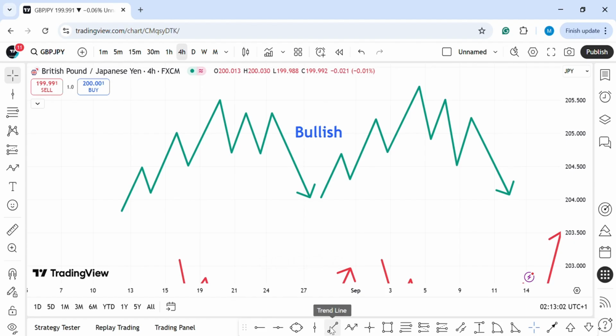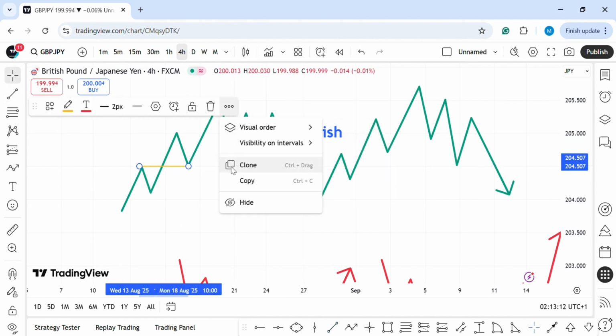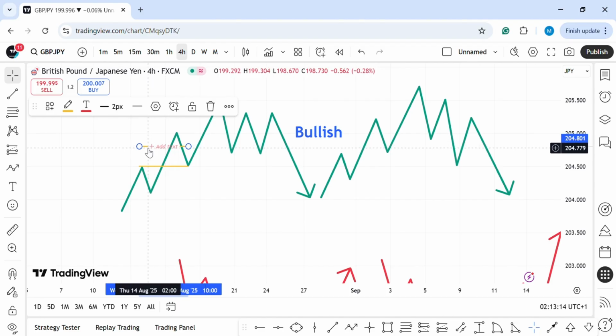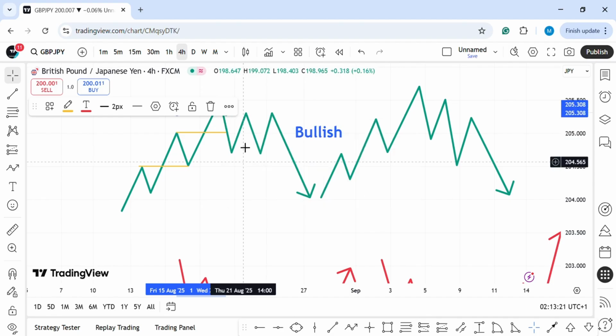So let's mark out our highs. This is our high. You can see our market broke the high, pushed up to break its high again. See, our market keep breaking its high.